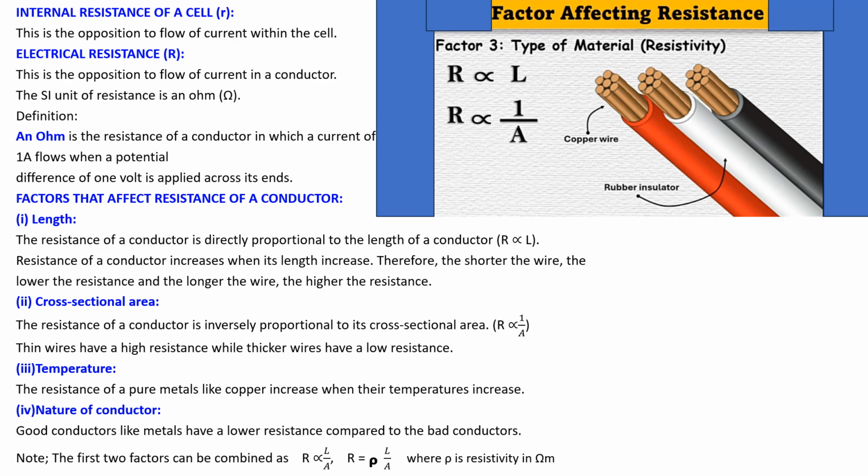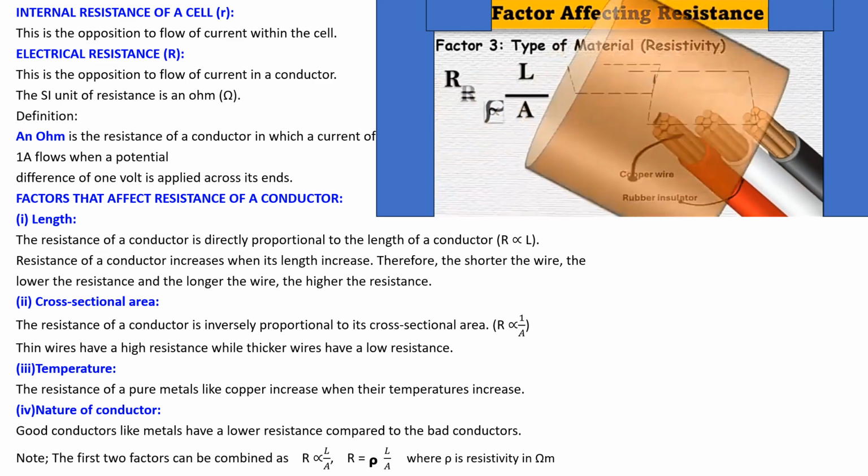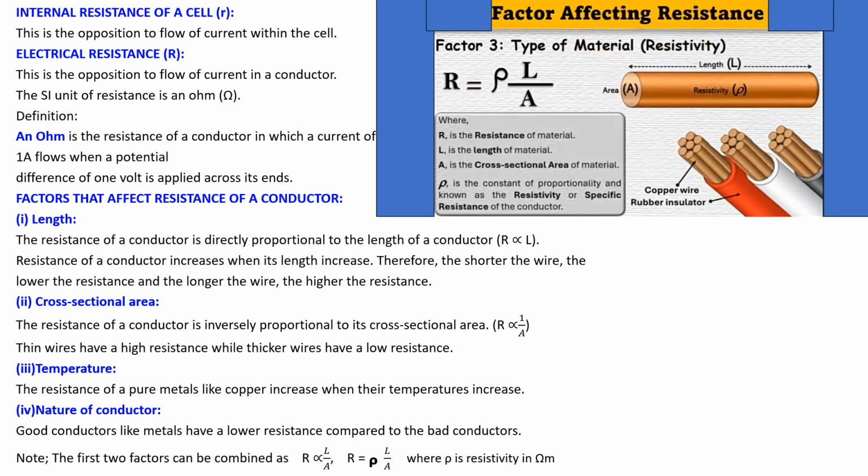Combining the two, we get this direct and inverse proportionality. Removing the proportionality, we get resistivity: R is equal to resistivity times length over area, where R is the resistance of the material, with the length of the material and its cross-sectional area.